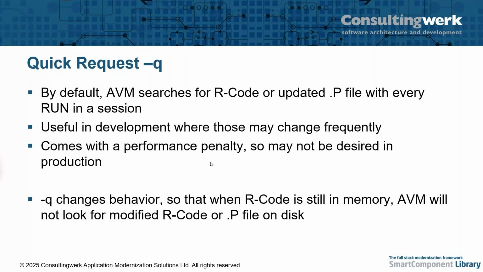Even though the R code may still be in memory, even though for objects or persistent procedures, you actually still have an instance of that persistent procedure in memory or an instance of that object in memory, whenever you need a new one, it will look on disk whether there's something new. For developers, that's quite handy, because that very often means you don't have to restart the client application completely to test updated source code or R code. But since it comes with a performance penalty, it's probably not desired in production environments.